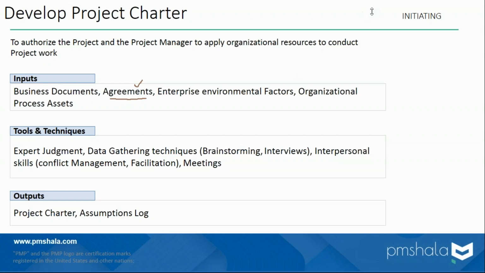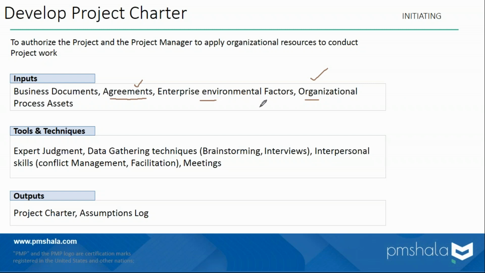And look at this, these two terms we studied yesterday, enterprise environmental factors and organizational process assets. I told you these are inputs to every planning and initiation process. They would influence many of the processes in planning and initiation, directly or indirectly. By default, you will see there's a pattern. Like OPA, what is the template of charter in my organization?